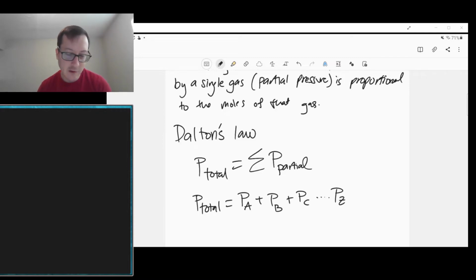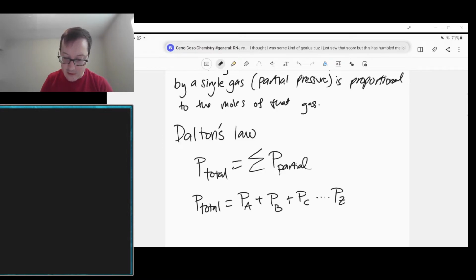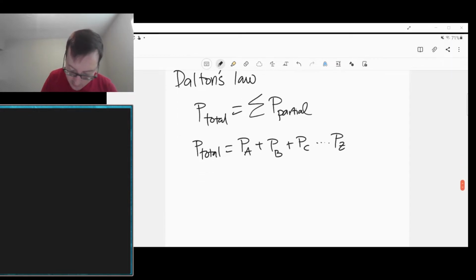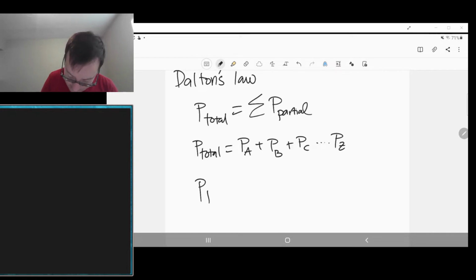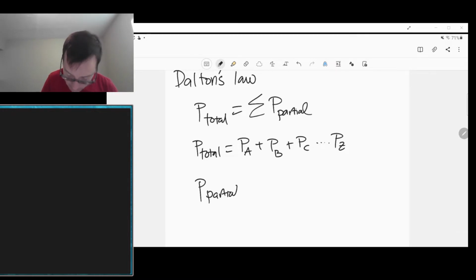But it's a little bit less useful to talk about it this way. It's better to say that our partial pressure is simply proportional to x of A, which we'll define in a second here, times the total pressure.